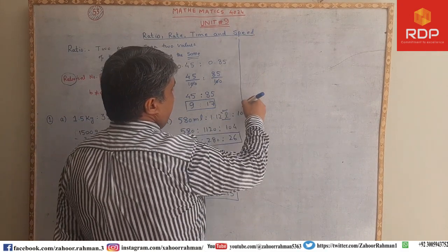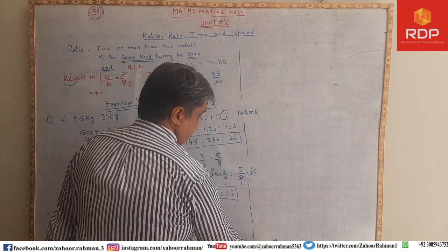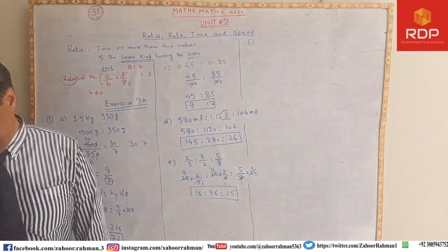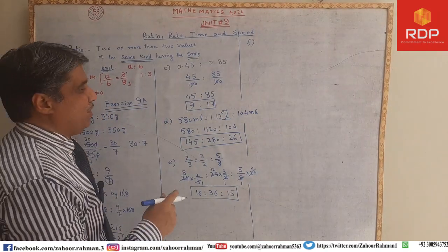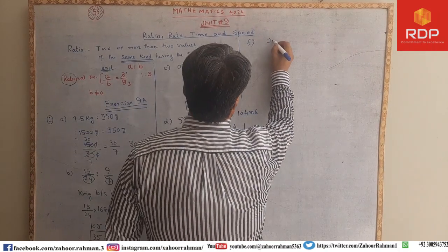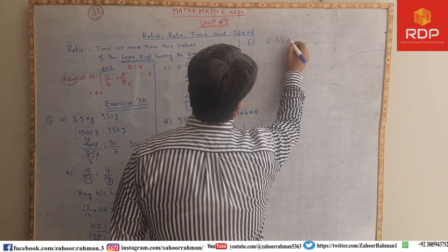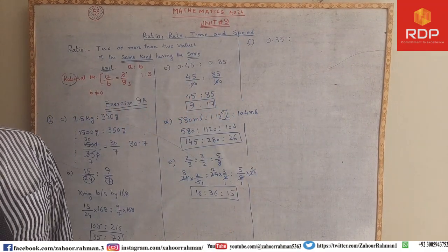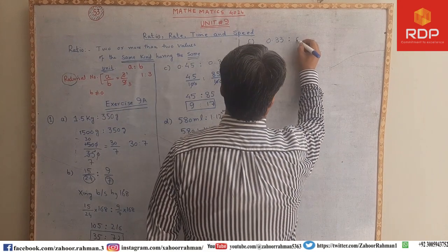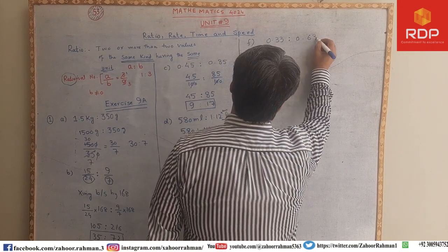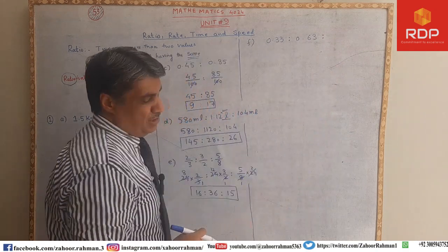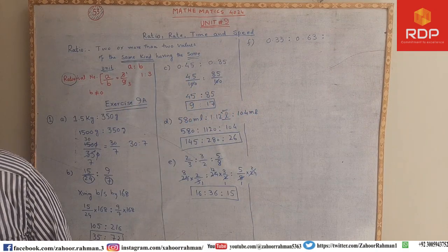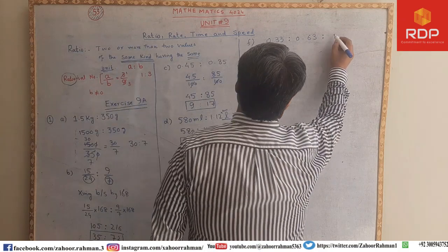Now we are coming towards the F part, and the F part is saying 0.33 : 0.63 : 0.1.8.